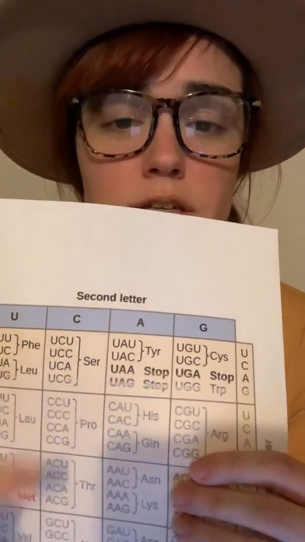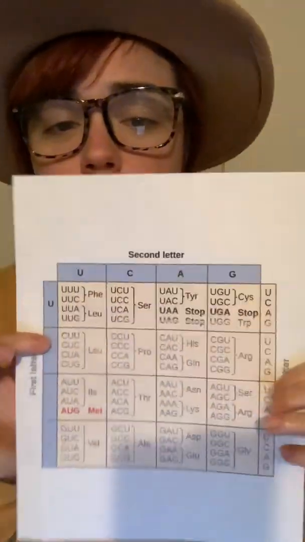Starts with an A, ends with an A, University of Alabama. Okay, this next one doesn't really have an acronym, but I saw this and thought university, and then the Aggies football team in Texas. So UAG, Aggies. And then right here we have the University of Georgia. So that's just a quick little way to help you remember these 4 important codons that we need to remember.